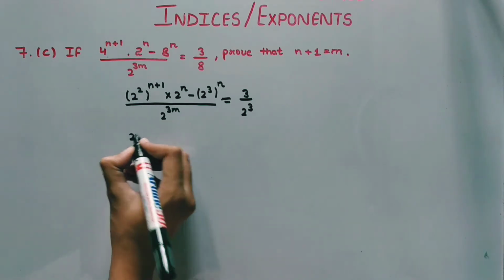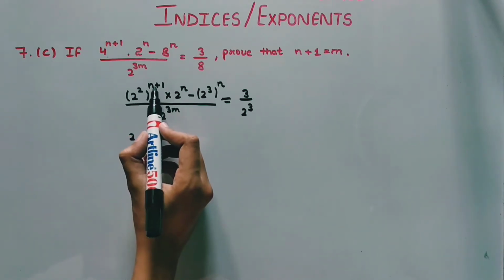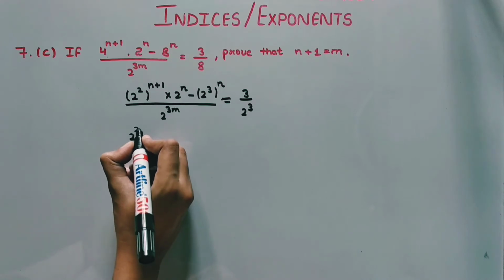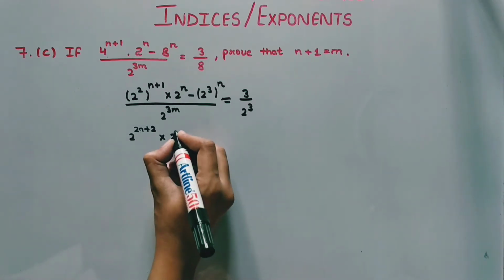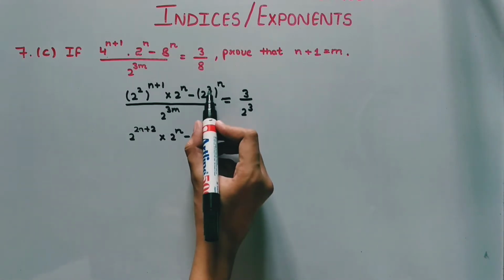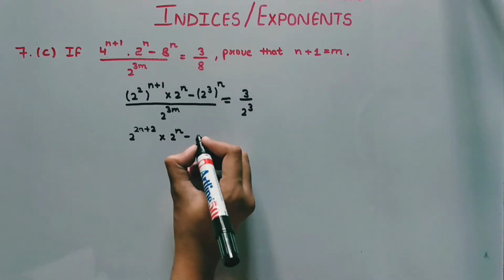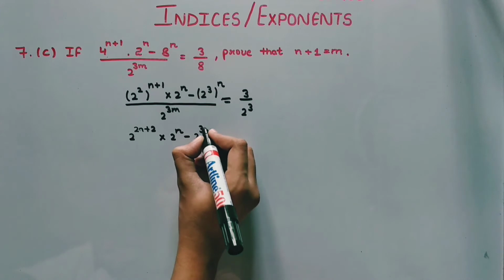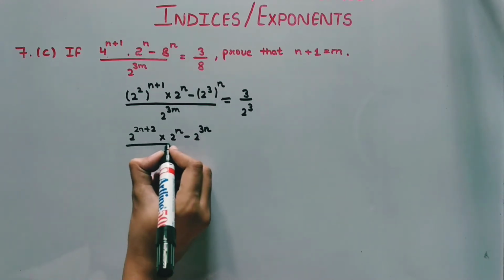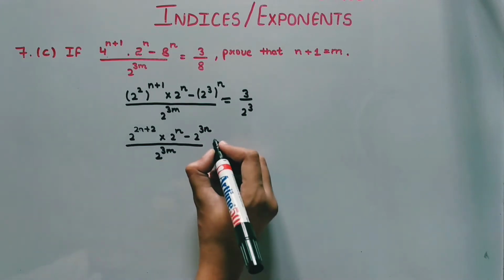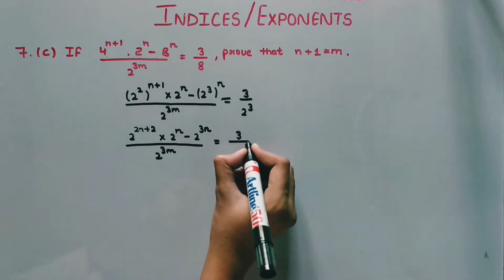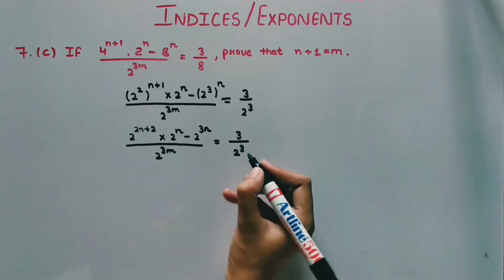Powers will get multiplied: 2 raised to power 2n plus 2 multiplied by 2 raised to power n, minus these parts will also be multiplied, 2 raised to power 3n divided by 2 raised to power 3m, that is equal to 3 divided by 2 raised to power 3.